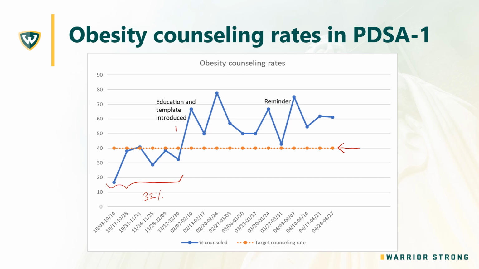So we introduced our education curriculum and the template around here, and post this intervention, we did notice an increase in the obesity counseling rates. However, as we were tracking the rates, we did notice a dip around here, and that's when we introduced a reminder to use the template. After this intervention, we did notice an improvement, and we were able to stay over our goal, which was 40%.